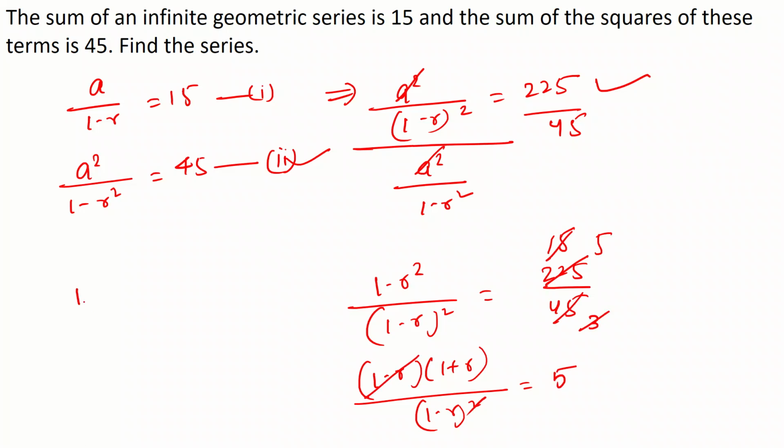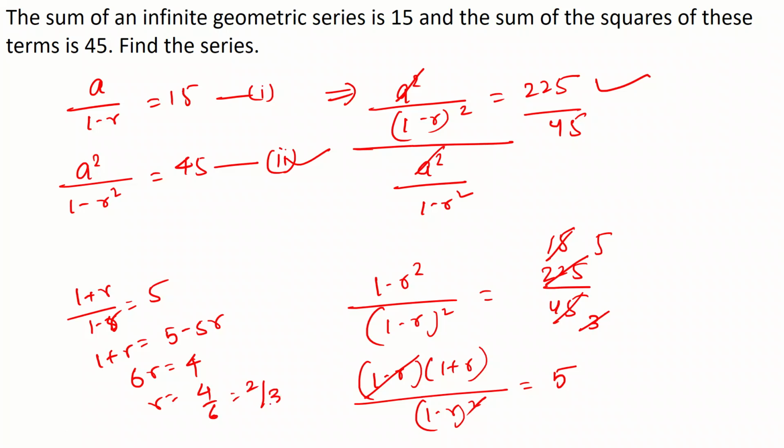I have 1 plus r by 1 minus r is equal to 5. So 1 plus r is equal to 5 minus 5r. Then I have 6r is equal to 4, or r is equal to 4 by 6, which is 2 by 3. So I've got the value of r. Very good. All I need to do is put it over here and find out the value of a.